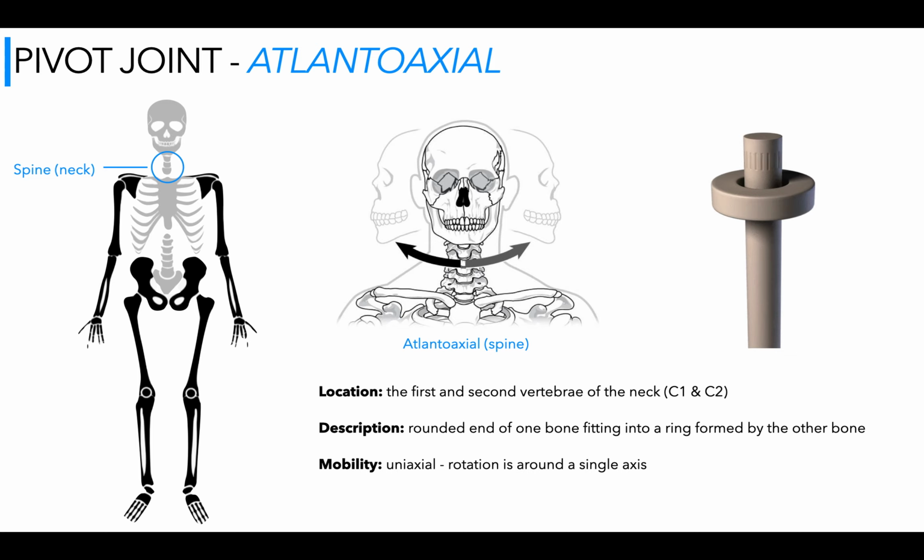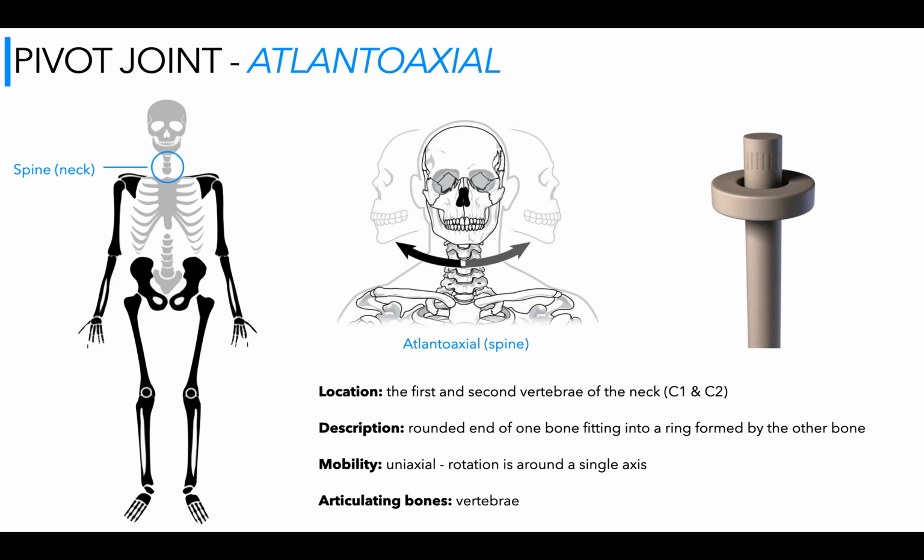The mobility is uniaxial, so we're only getting rotation from this joint, around a single axis. It's important that you know that, because in a lot of exam questions you're asked to describe joints in terms of their mobility. So if you were describing a pivot joint, it is uniaxial.